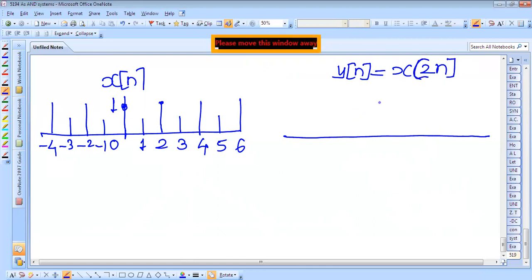So 2 into 0 gives x of 0, and x of 0 is 1.